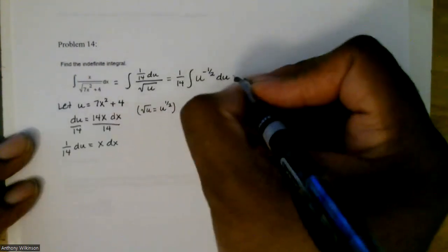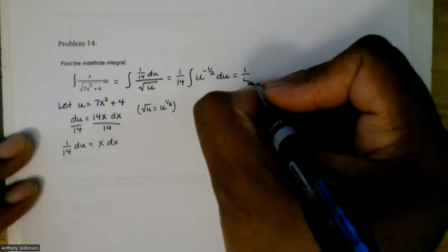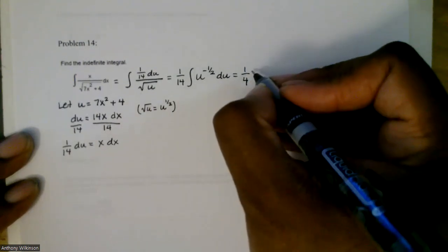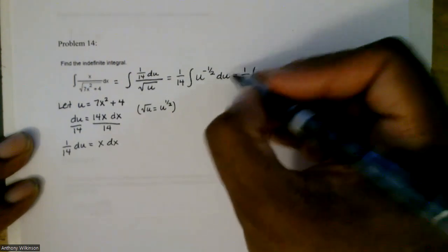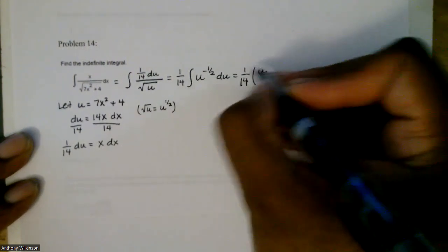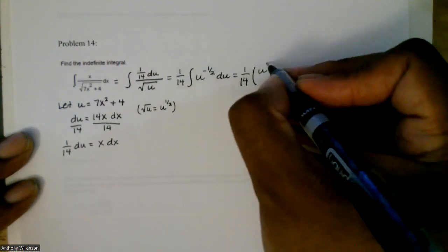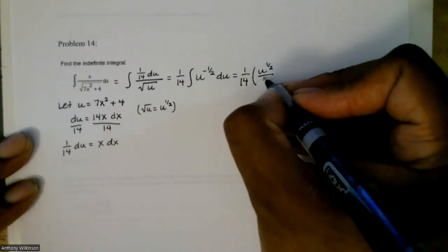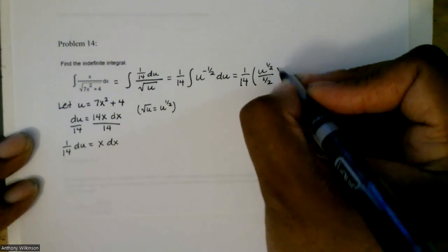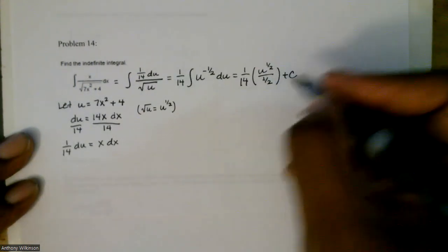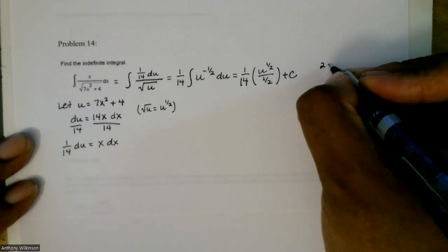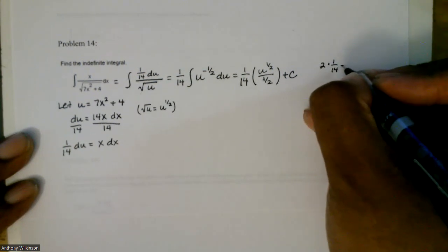And now, we're going to integrate by increasing the power by 1 and dividing it by the new exponent. So I'm going to have 1/14 times u to the -1/2 plus 1, which will be 1/2, divided by 1/2, plus c. Now the reciprocal of 1/2 is 2. So it'll be 2 times 1/14.